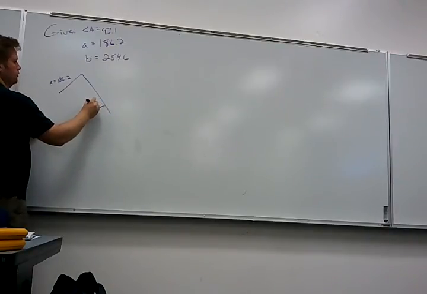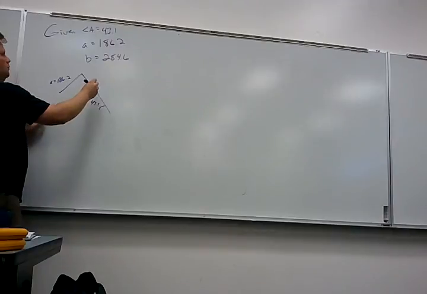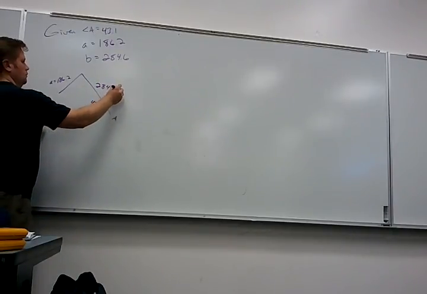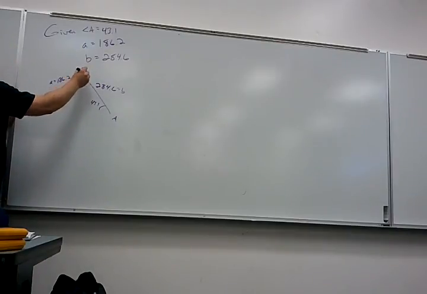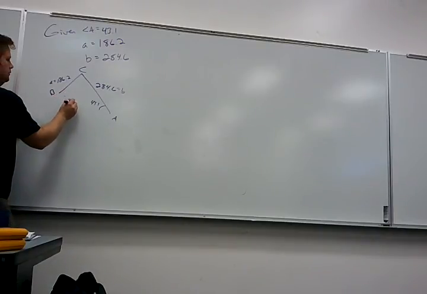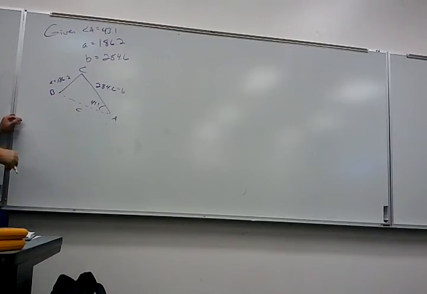So angle A is 43.1, and B is 284.6. So the unknowns are big C, big B, and little c.